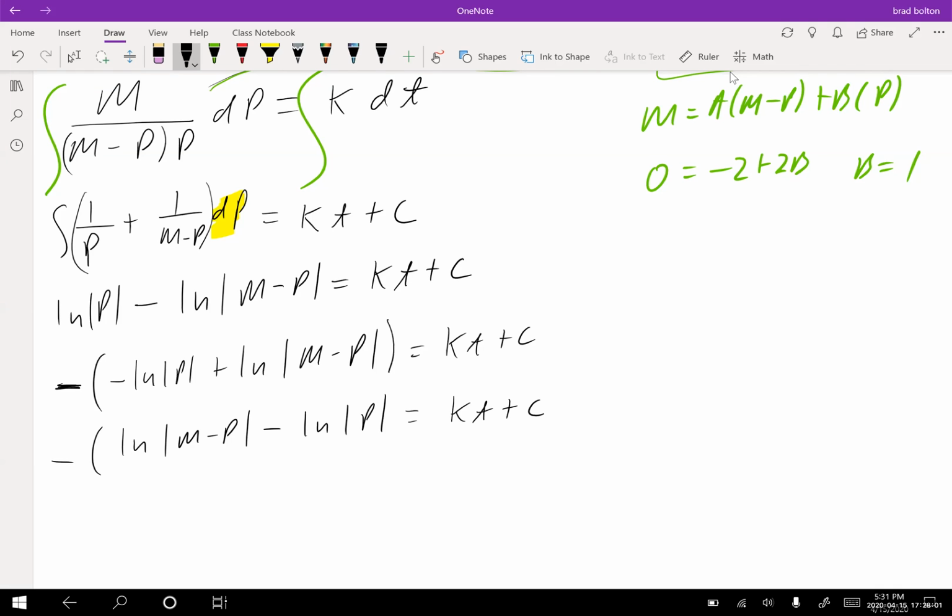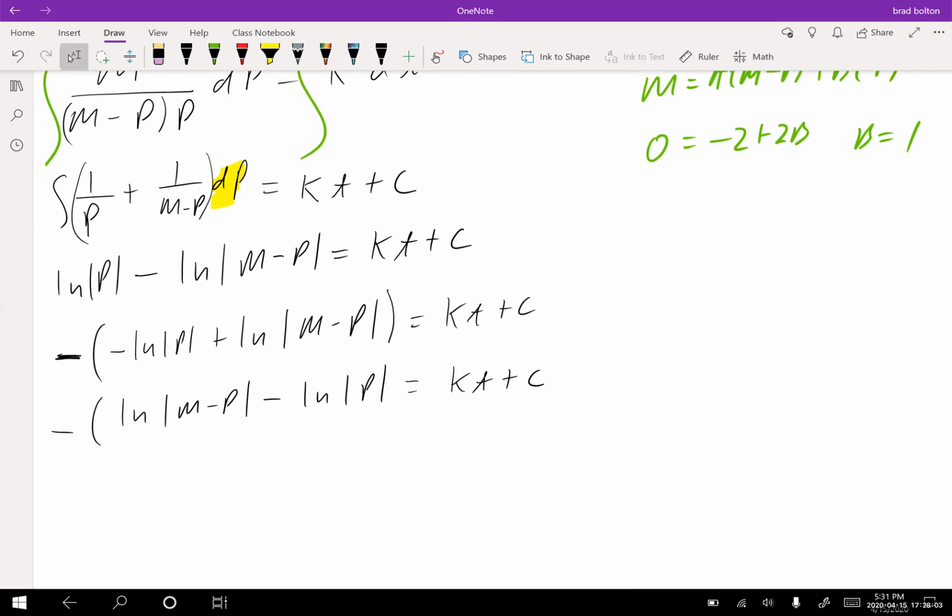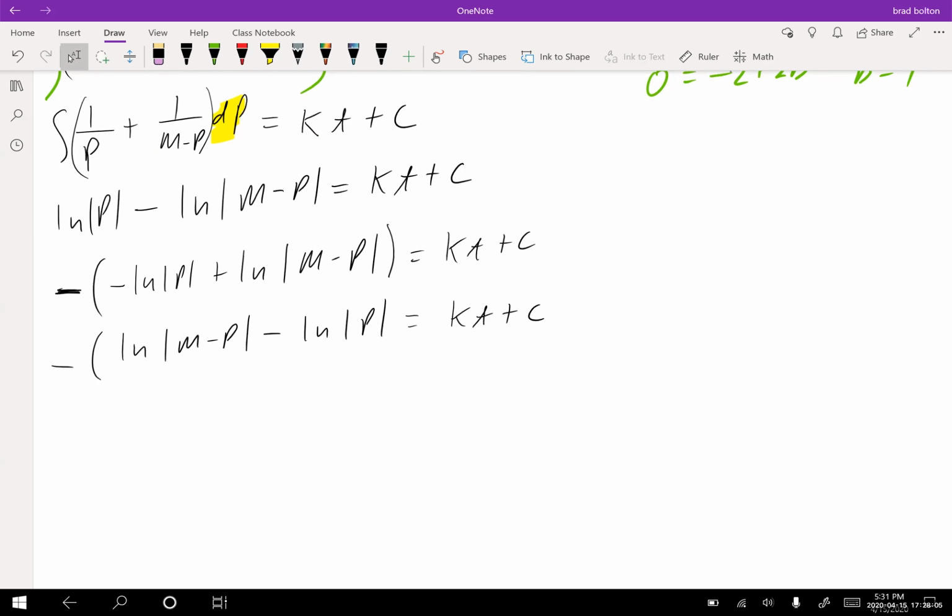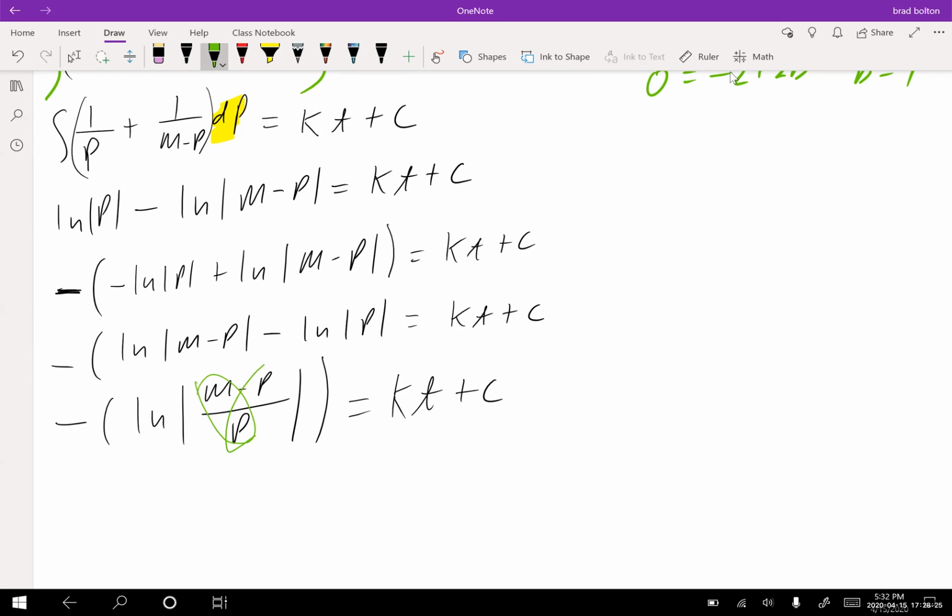Now this all is for a purpose. The purpose we're trying to go to from this is we are trying to get this to be rewritten as the ln of the absolute value of M minus P all over P, and you'll see why in a second. Okay, so we have the ln of M minus P, but remember, we could technically split this, right?